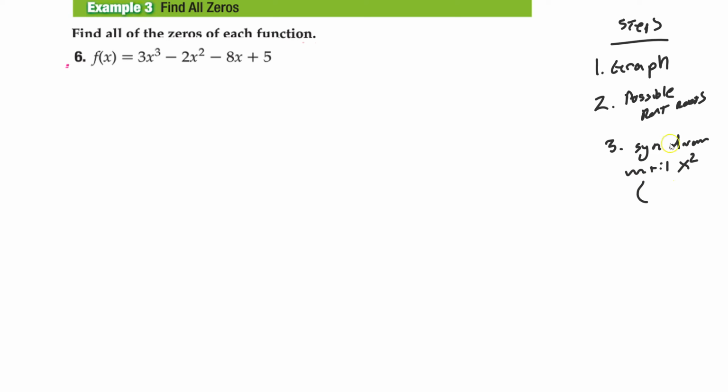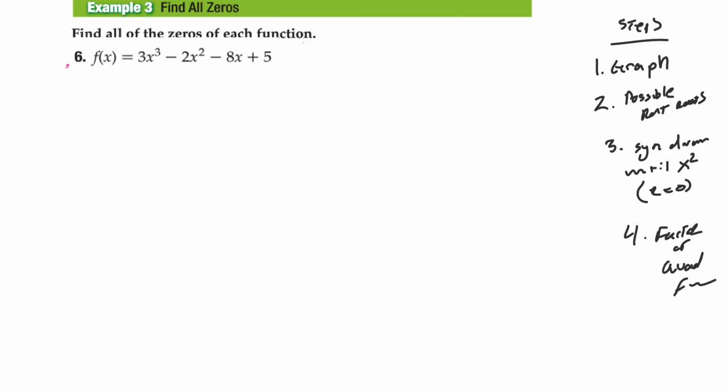And remember, you want a remainder of 0. That means it's a root. Roots are a remainder of zero. So you plug the possible rational roots into synthetic division, look for the zeros. And once you get one, just keep on going down. And once you get down to x squared, then you can factor, use the quadratic formula, or root the square if you want.